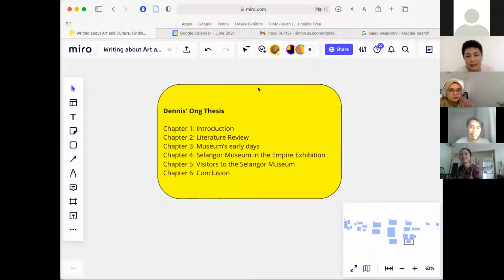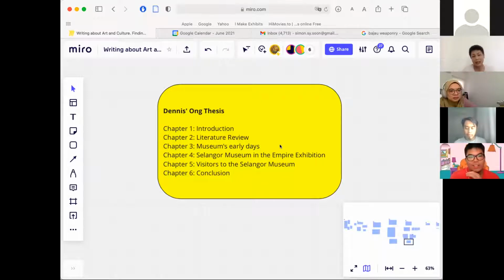Yeah. So in chapter 3 until chapter 4, it's more chronological. And then in chapter 5, I go back again to the 1800s, but it spans a much wider time frame, right?